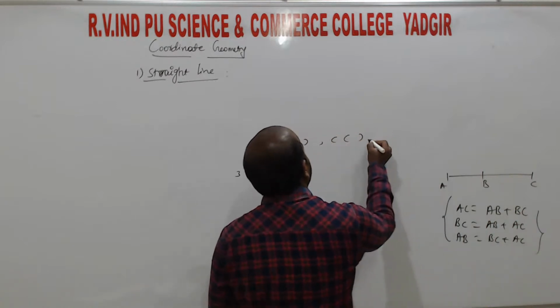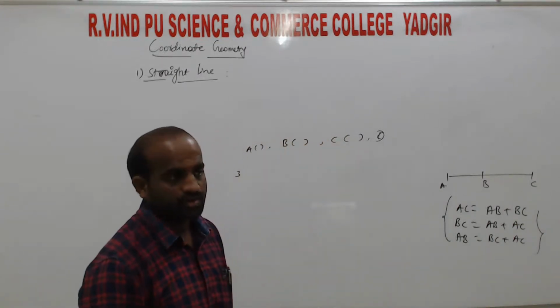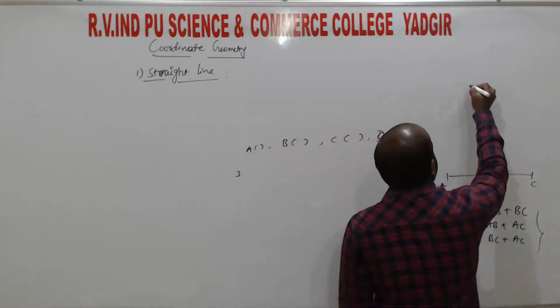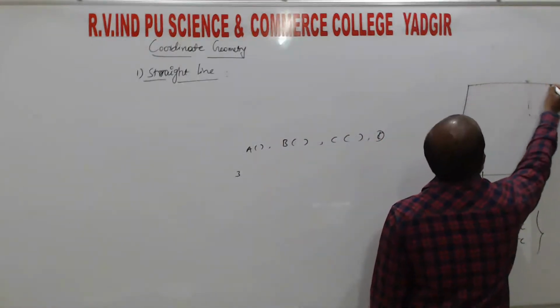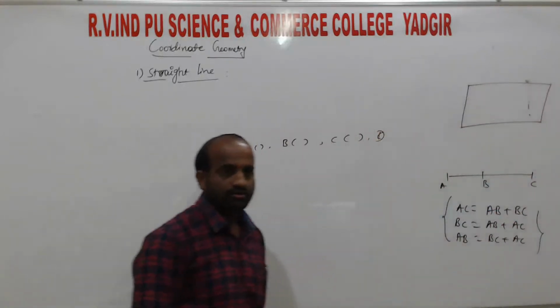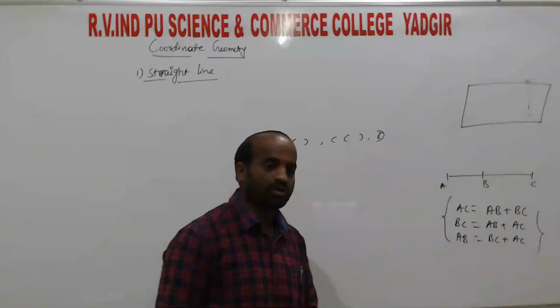Now 4 points are given. To show a parallelogram, what does it mean? Opposite sides are equal. It is a four-sided figure. 4 points A, B, C, D are given; show that it is a parallelogram.